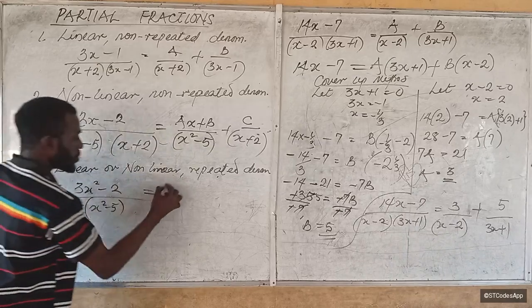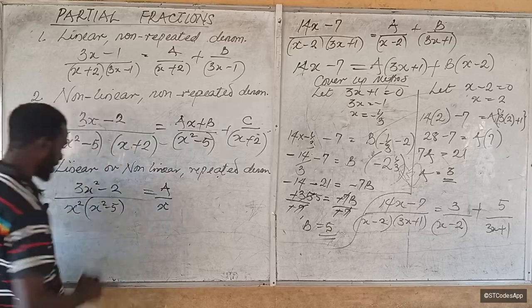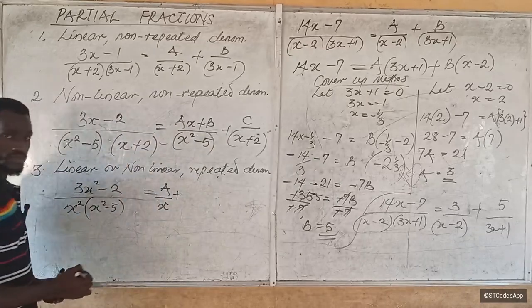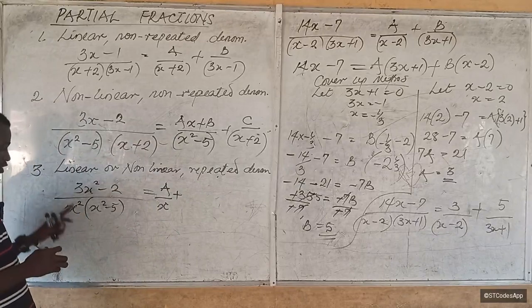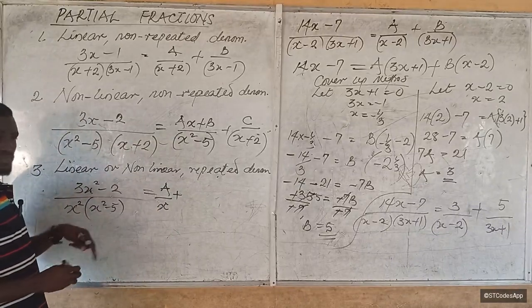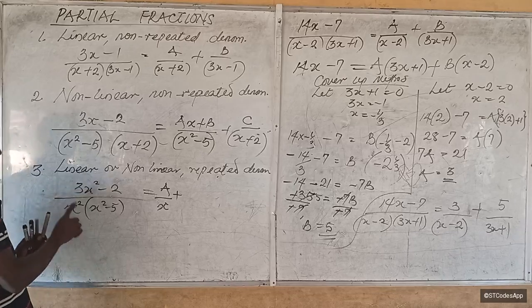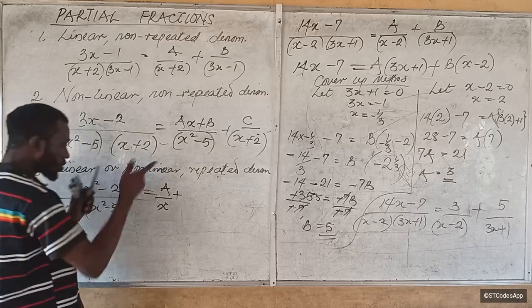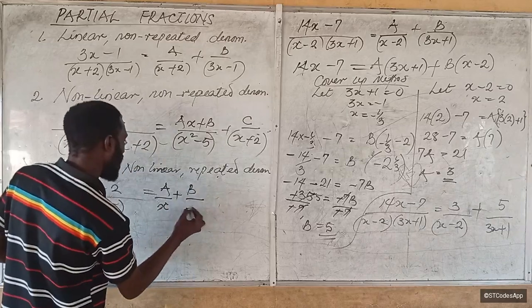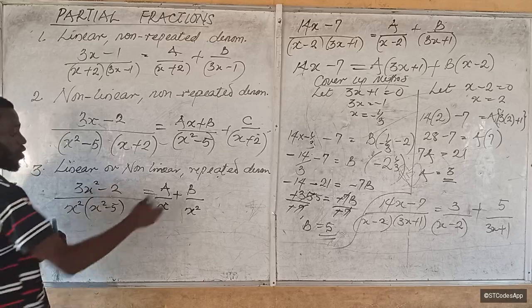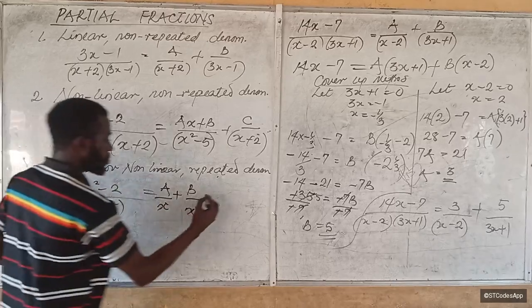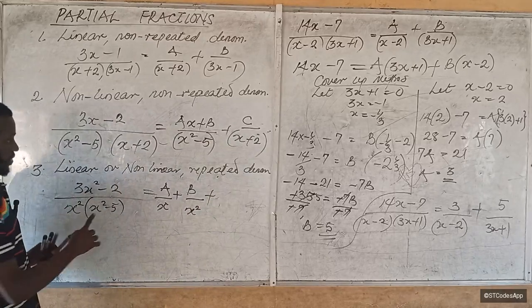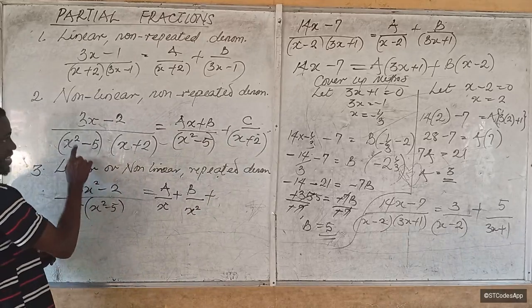This came from a particular constant over the linear term plus, are you with me at all? A particular constant over the linear term plus, now, because this one here is squared, it's going to be plus the second term over x squared, because I repeated the same one, plus, now this one is just exactly like this, right?